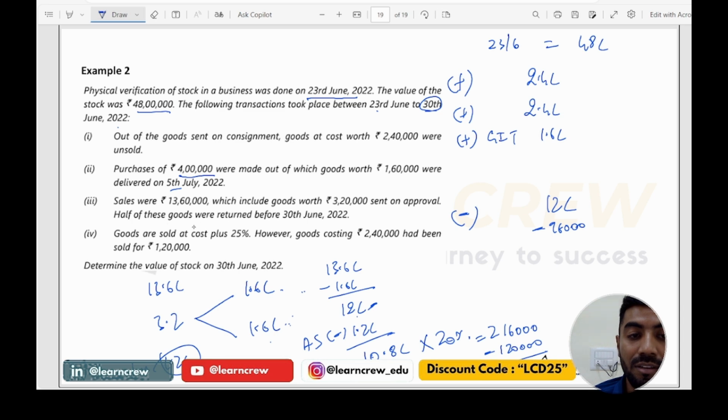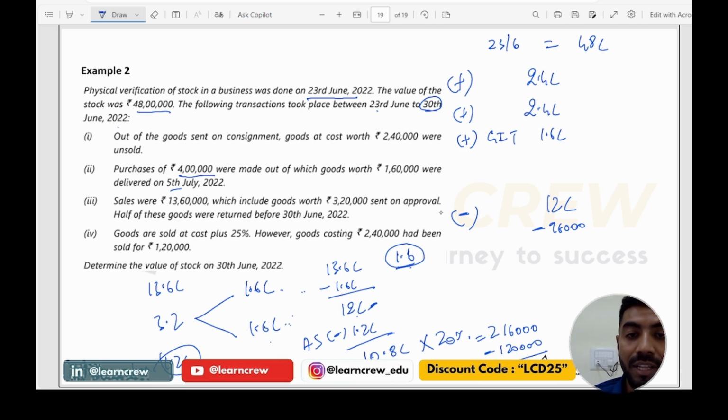Half of this was returned before 30th June. So 1 lakh 60 has been returned back, but this is at sale price. So what is the cost price of this? We need to take it at cost.